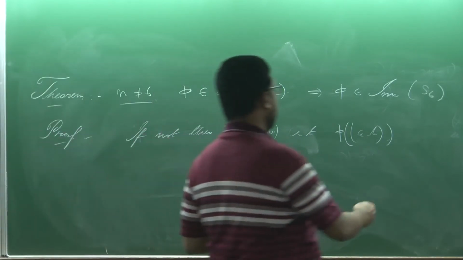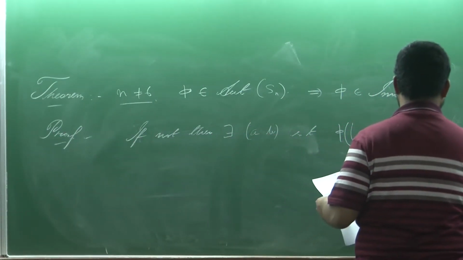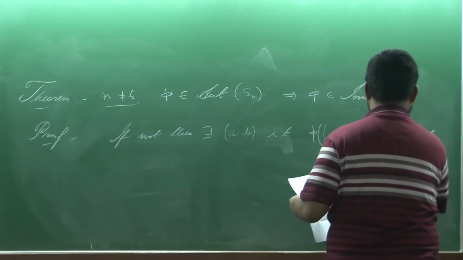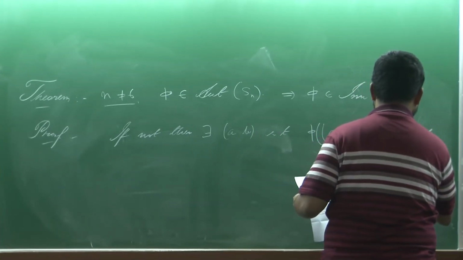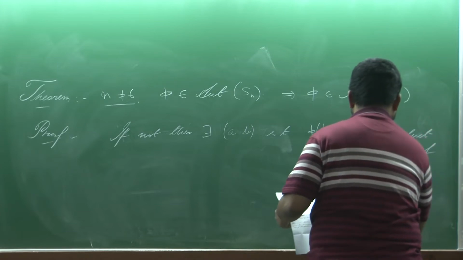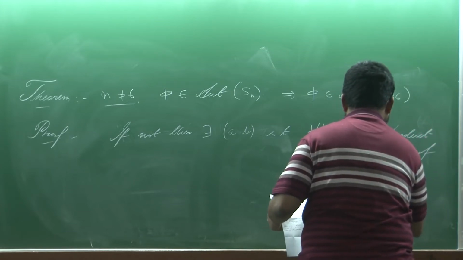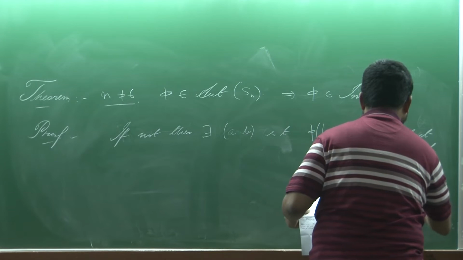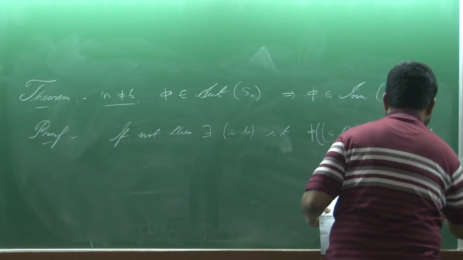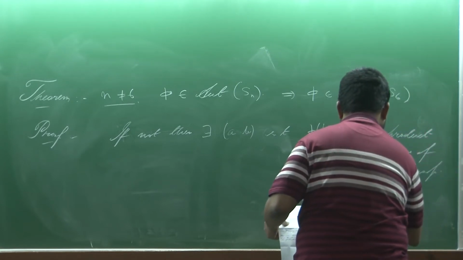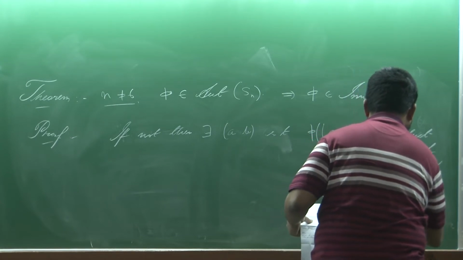It is the product of k disjoint transpositions, where k is bigger than 1.